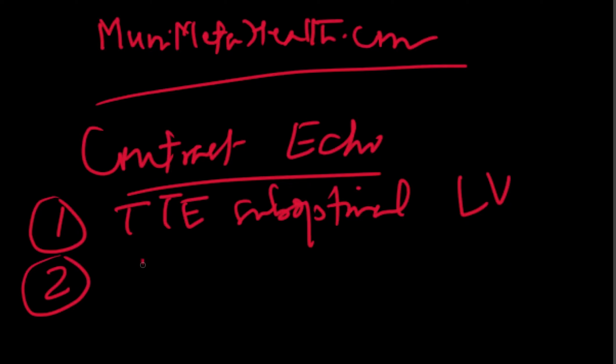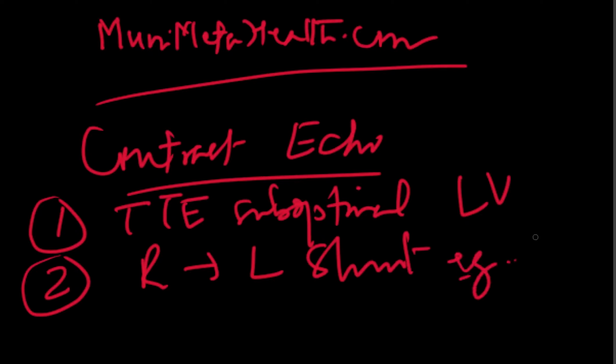Many times you would like to see what a right to left shunt is. The classic example would be PFO, which is patent foramen ovale. I'll show it to you in our little schematic as soon as I get a chance. It exists right between the right atrium and left atrium, and could be responsible for several paradoxical embolisms, or even right to left shunts.